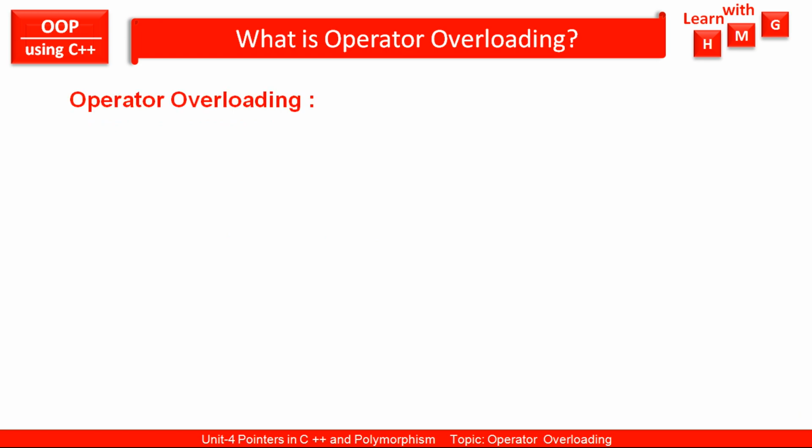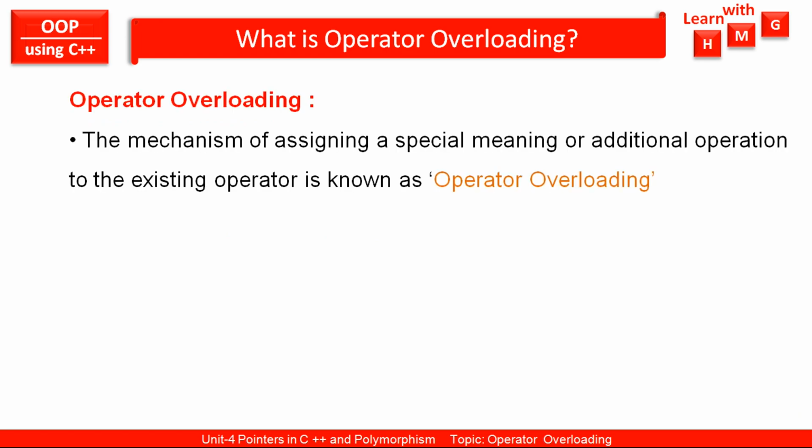Now let us see what is operator overloading. The mechanism of assigning a special meaning or additional operation to an existing operator is known as operator overloading. Every existing operator performs a certain operation on certain operands, and apart from that operation, an additional operation can be assigned to the existing operators.